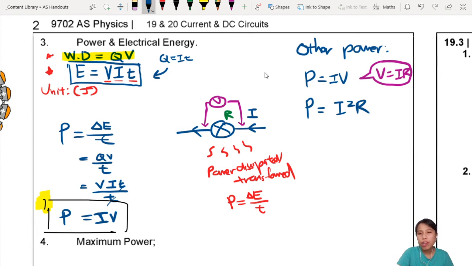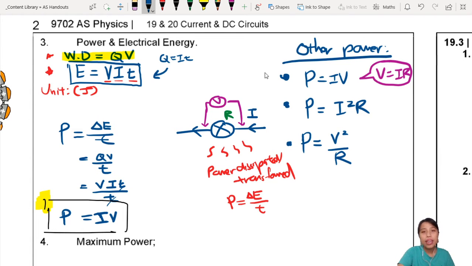What if we get rid of the I? Okay, so I want to sub out I, right? So I will be V over R. So then I'll get V squared over R. It also can calculate power, but this time you use V and R only. So this is super, super useful because now no matter what information you have, you can play around with it and see which power equation you want to use, all based on the same thing.